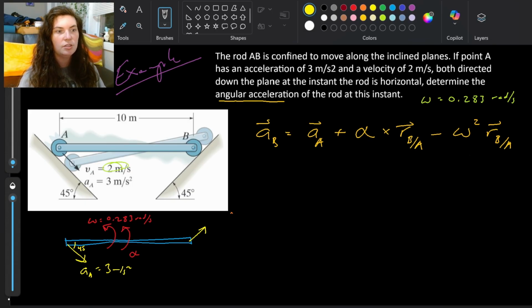So there's not a component of acceleration this way, there's only this acceleration along the path. So again we've got an acceleration at that 45-degree angle, moving along the path it's constrained to.